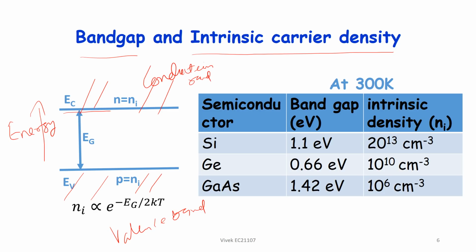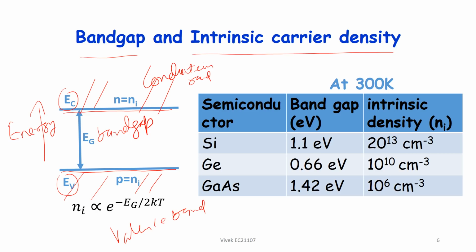The lowest energy of the conduction band is called EC, or conduction band edge energy. The highest energy of the valence band is called EV, or valence band edge energy, and the difference of the two is called the band gap, EG.